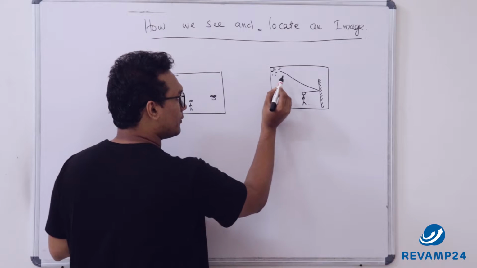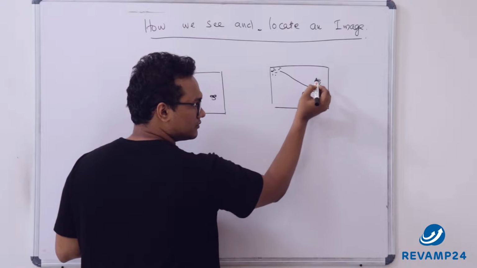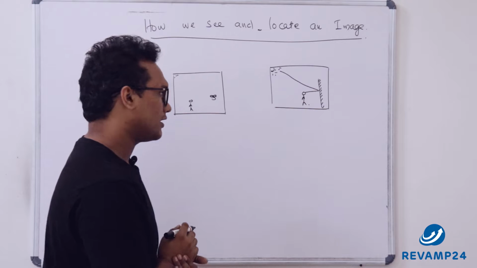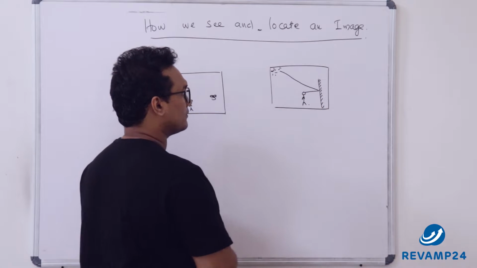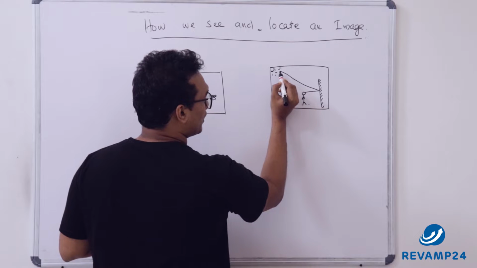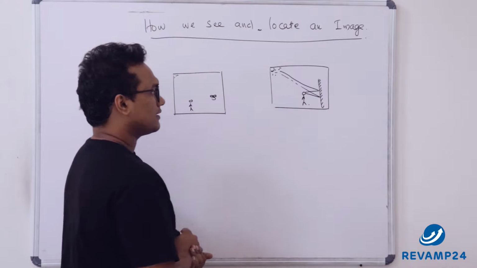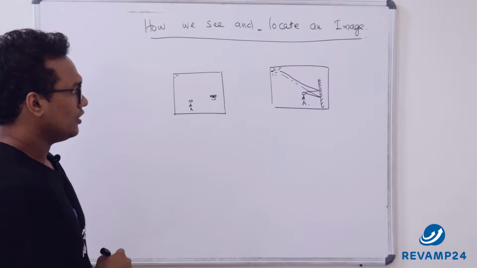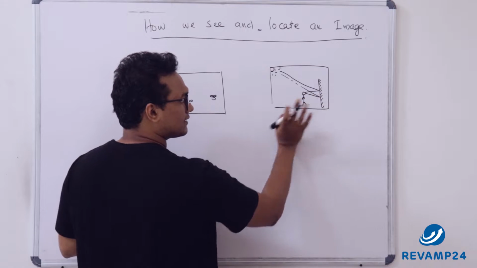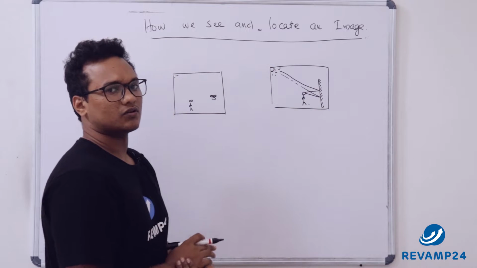We are able to see the bulb because light from the bulb falls on the reflective surface, the mirror, and that reaches our eye. We need two rays to form an image. So one more light ray will travel in this direction and that reaches us. So here what we can see is the image of the source of light.